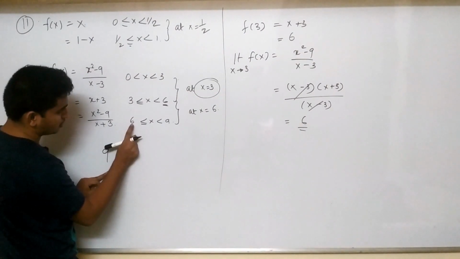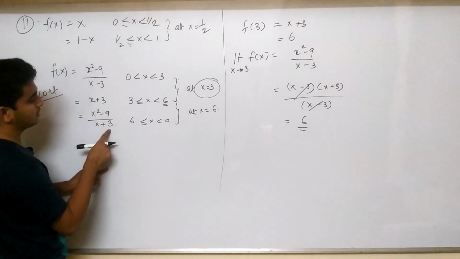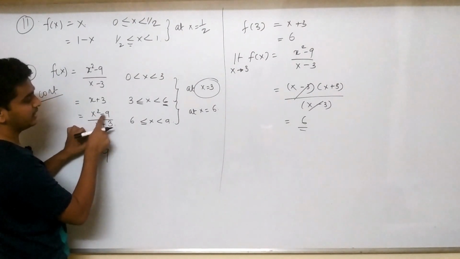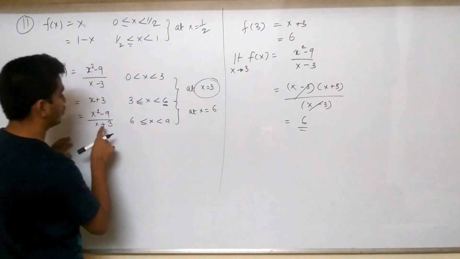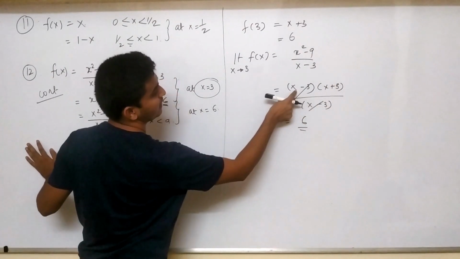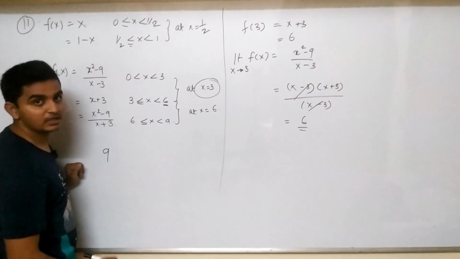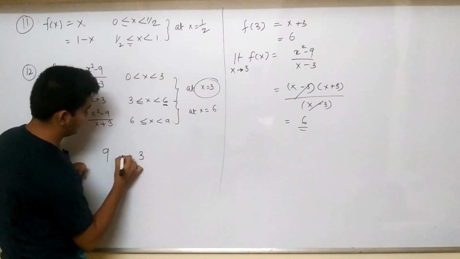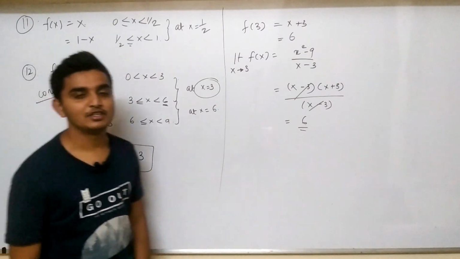When x is equal to 6, x square minus 9 upon x plus 3 is x minus 3 times x plus 3. So x plus 3 and x plus 3 will get cancelled, and we have x minus 3. x minus 3 is 6 minus 3, which is 3, and that is not equal to 9. So we can say that this function is discontinuous.